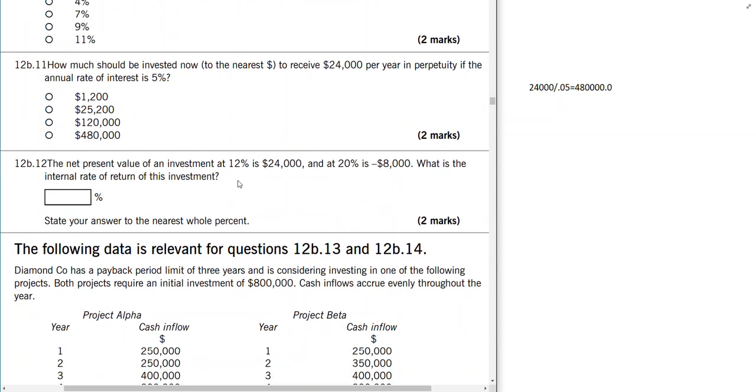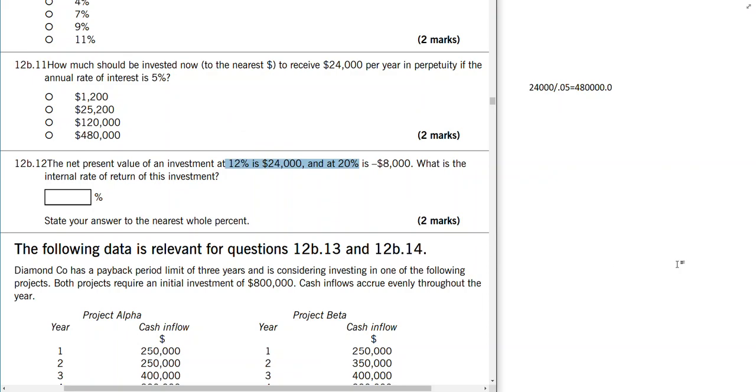The net present value of an investment at 12% is 24,000, and at 20% is minus 8,000. What is the internal rate of return of this investment? 12% gives us 24,000, 20% gives us minus 8,000, so the answer should be in between both of them.